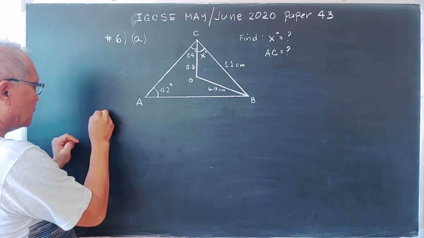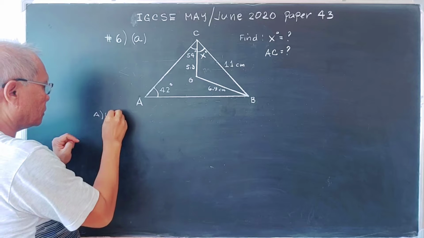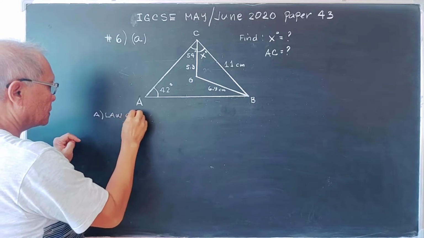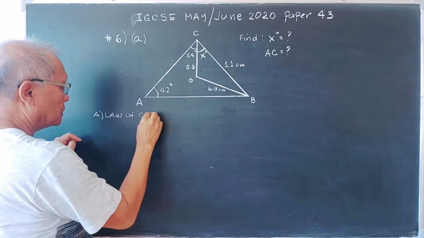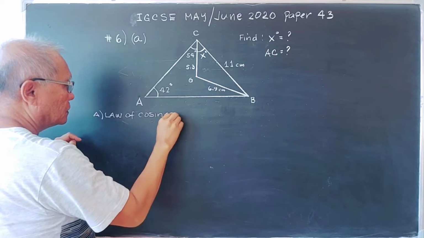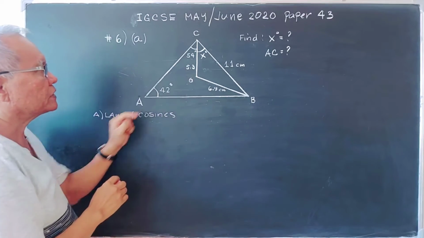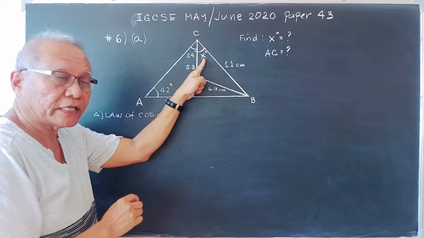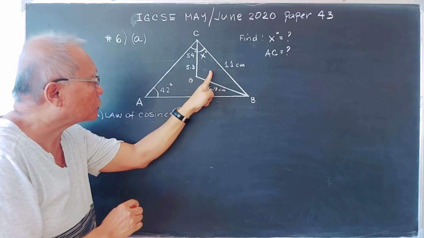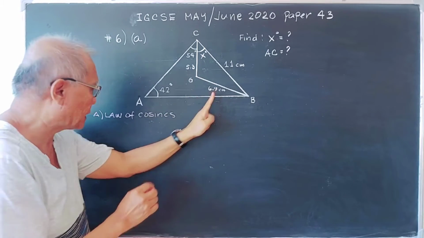So let's have the law of cosines. This one is the angle that is the unknown. Opposite of that one is the 6.9.